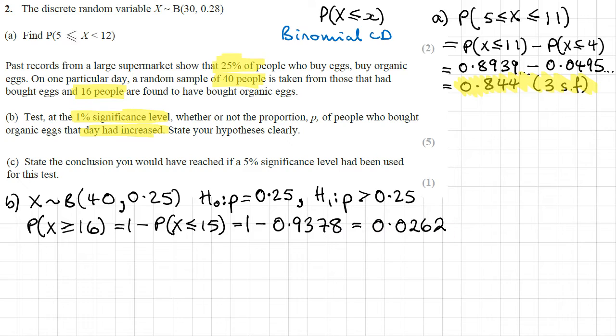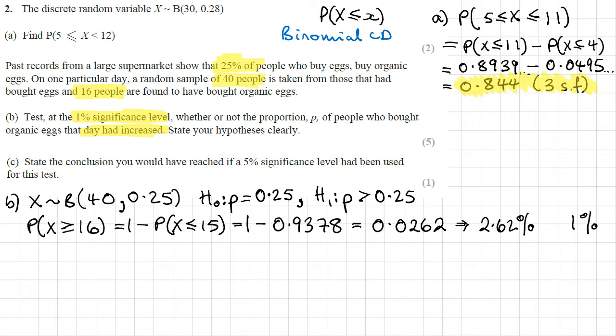So this is 2.62%. That's the probability that I would have 16 or more people come in and buy the organic eggs. Now, how does this compare to the significance level? Well, the significance level is 1%.